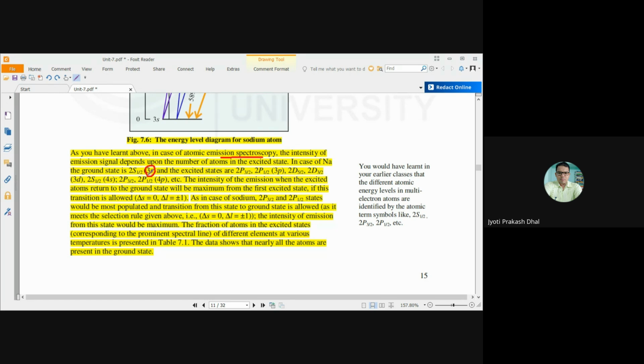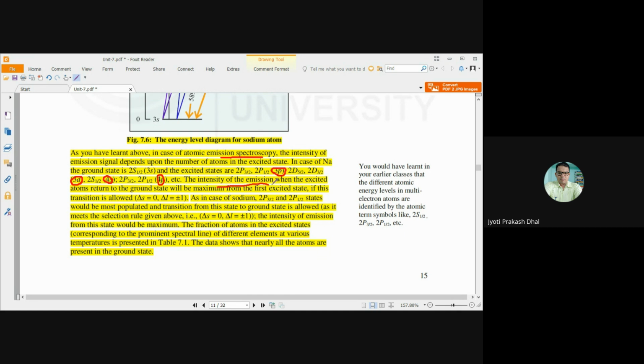According to the term symbol, the 3s ground state can be written as 2S1/2, and the excited states are the 3p excited state, 3d excited state, 4s excited state, 4p excited state, and 5s and 5p excited states.